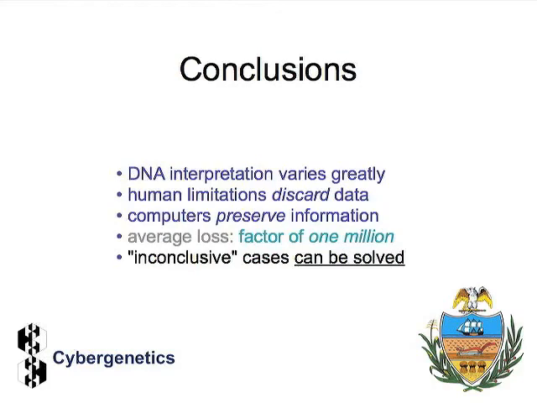The average loss between the standard threshold inclusion methods and quantitative methods is at least 1 million to 1 in the match score, which may not affect a case where the human result is 1 million to 1 and the computer result is 1 trillion to 1, but when the computer result goes down to 1 million to 1, humans have almost nothing to say about the results at all.